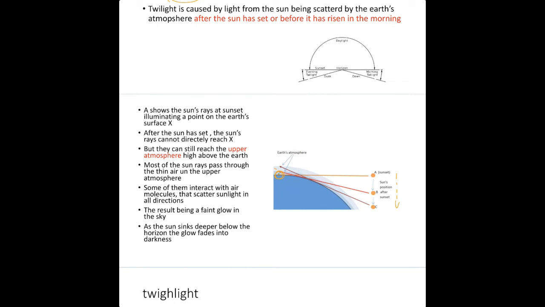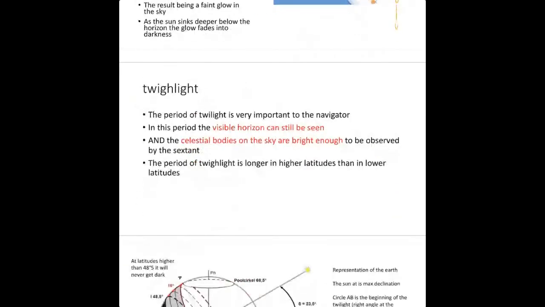Of course, when the sun sinks even deeper below the horizon, the glowing that is caused by the Earth's atmosphere and the sun rays will fade slowly into darkness. Now, the period of twilight is a very important time for the navigator, because in this period the visible horizon can still be seen.